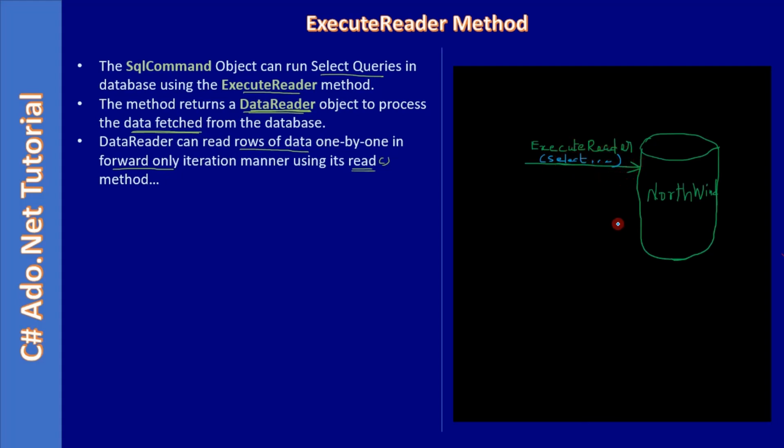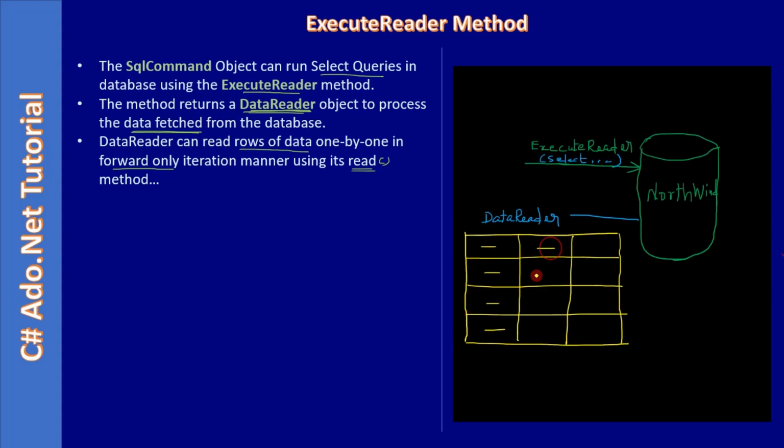Since it executes the select statement, the return will be of type DataReader, and the DataReader will give you the table of records. So here you can see there are 4 rows of records. Using the Read method, you can iterate through these records.